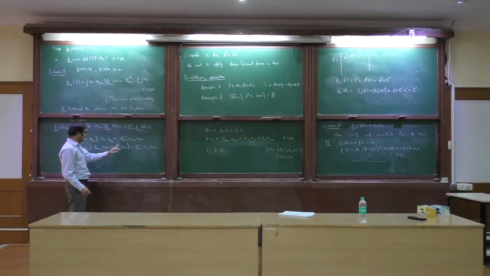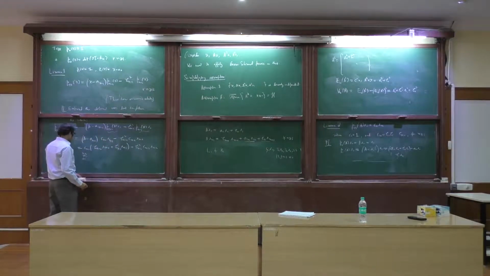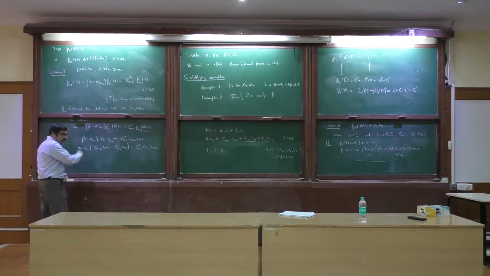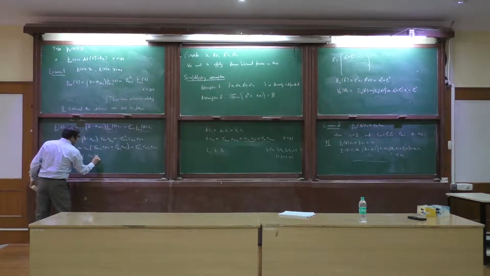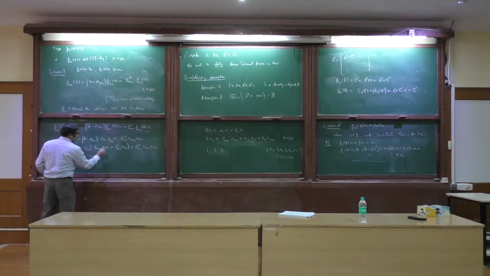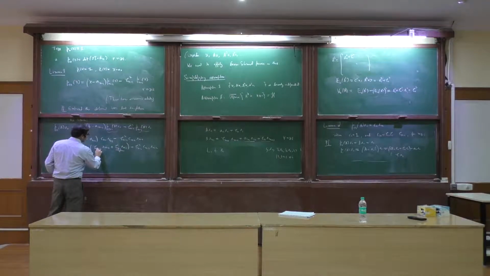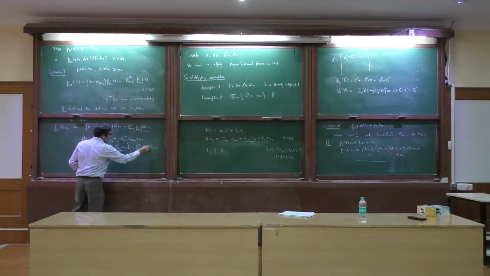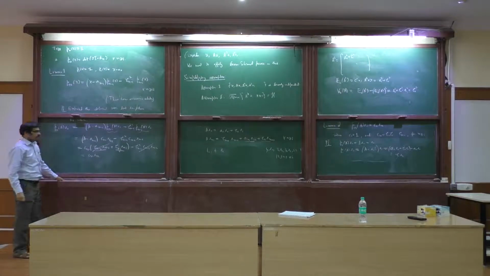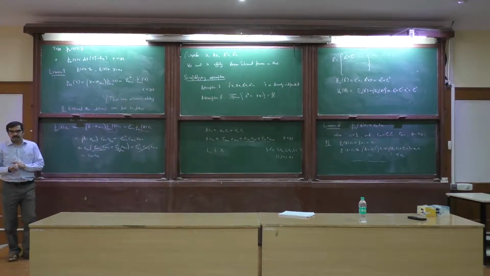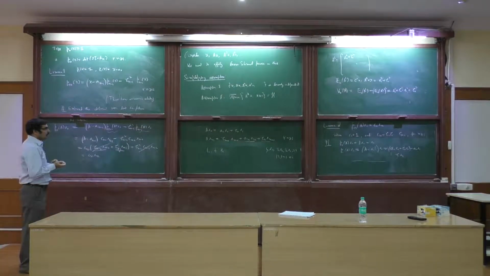So these things cancel, and what you get is only this term, which is Cn minus 1 into bn minus 1, which is Cn. This is this term. These terms cancel. So you get Cn.